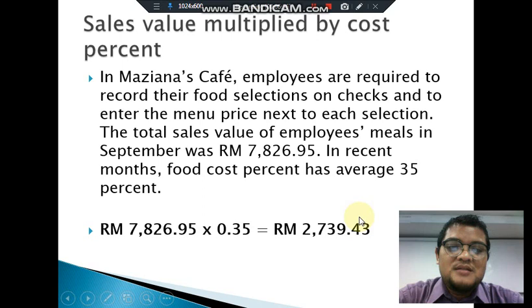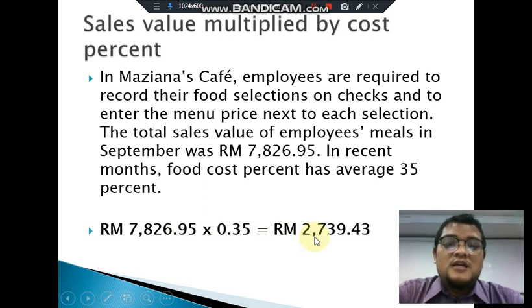In recent months, the food cost percent has averaged 35%. So the calculation is very simple. The total amount recorded by the employees for meals is 7826.95 times 35% average food cost. So the food cost is 2739.43.